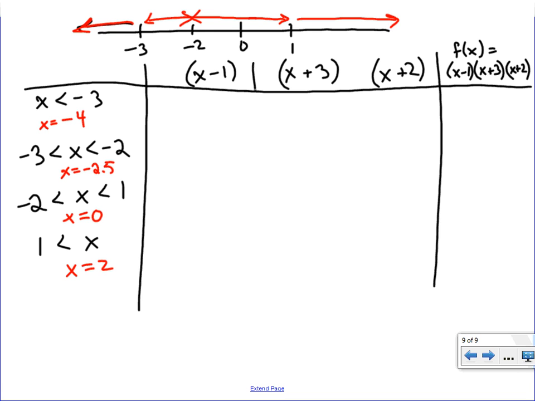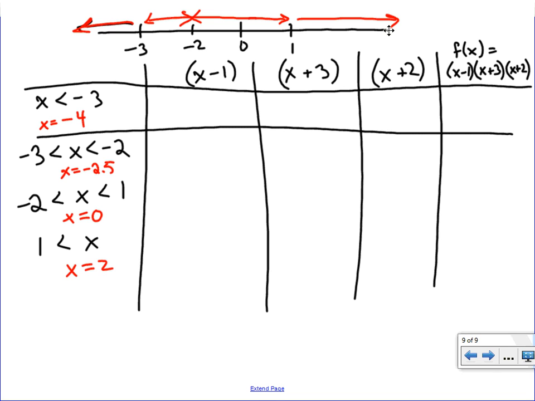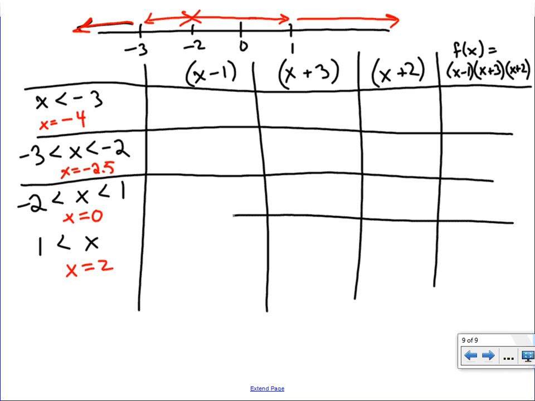All right. Let's complete my sign chart. When x equals -4, what's the value of x minus 1? With straight substitution, -4 take away 1 is negative. I just need the sign. When x is -4, -4 plus 3 is negative.